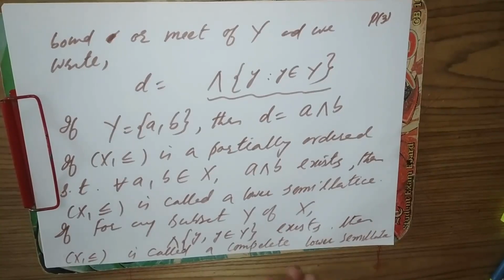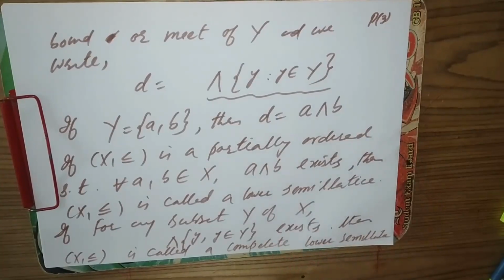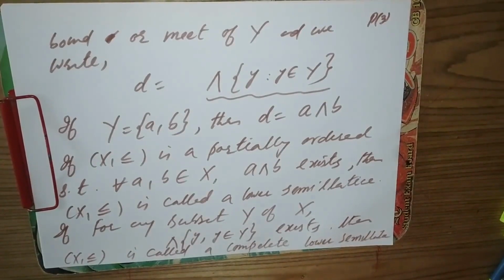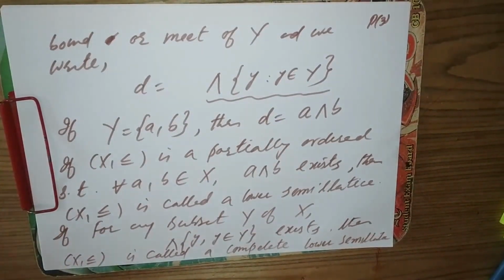In other words, every complete lower semilattice is a lower semilattice, because for a complete lower semilattice, the greatest lower bound of any subset Y of X always exists. So in particular, for any two-element subset, the greatest lower bound exists. Hence it's a lower semilattice.